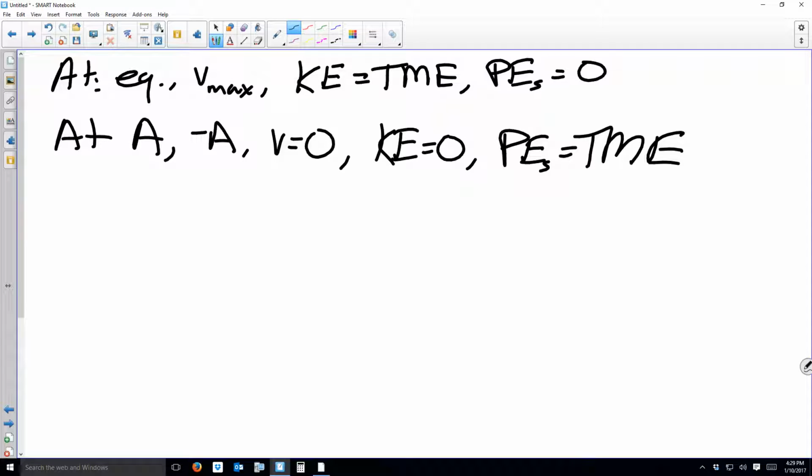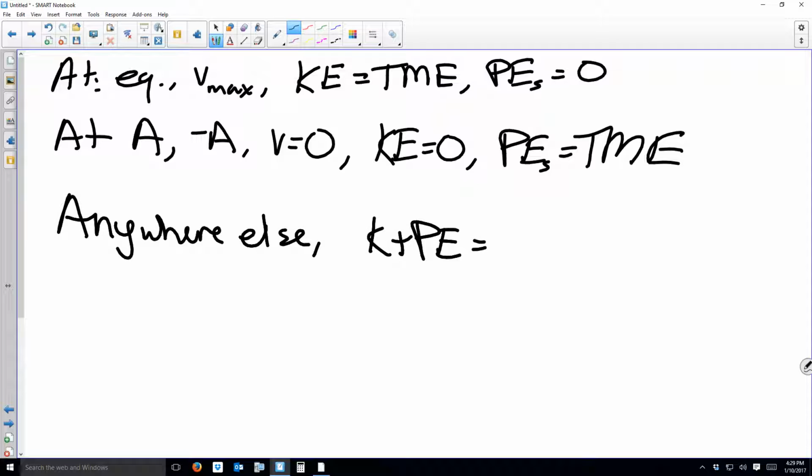Anywhere else, we have to have a combination of kinetic plus potential energy to get our total mechanical energy. Those are really our 3 options as we go through some of these problems.